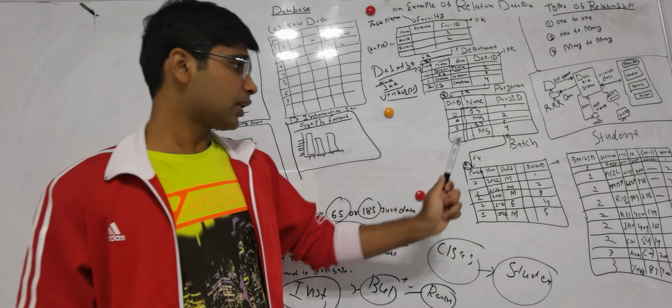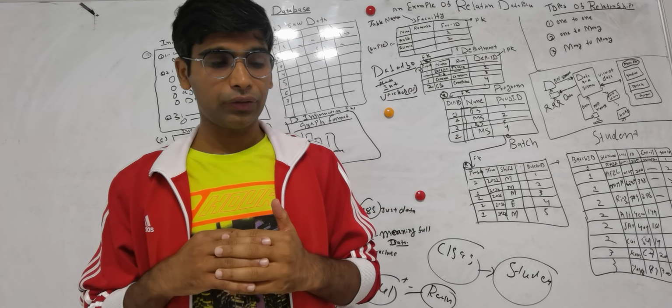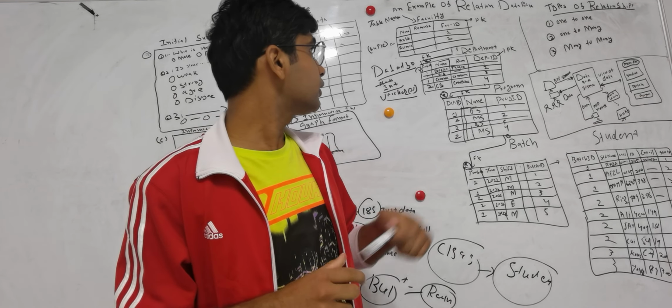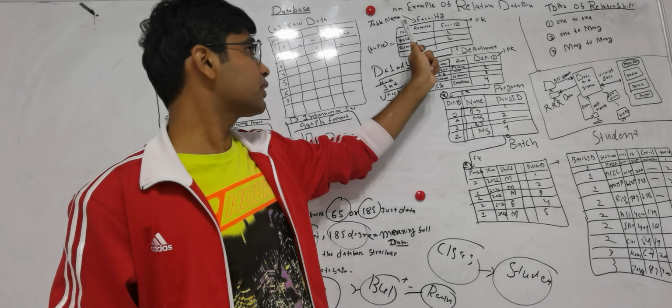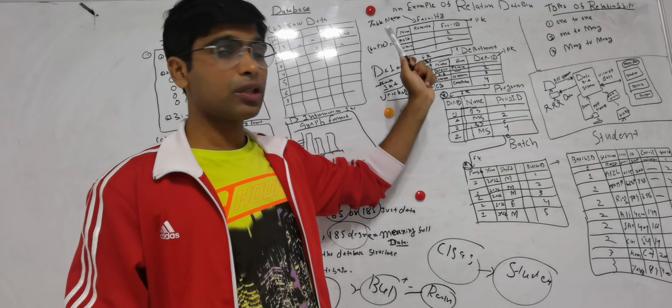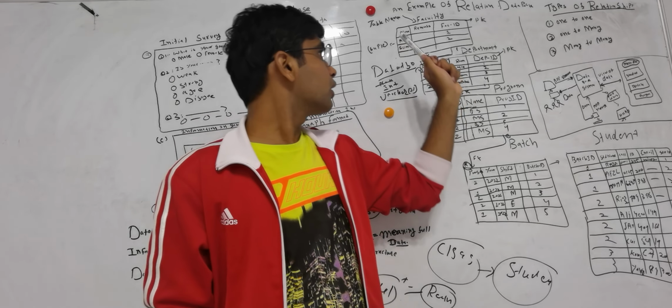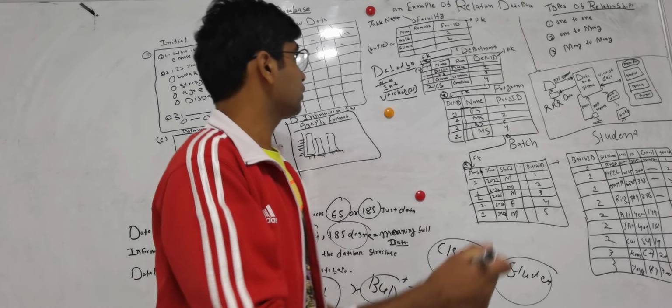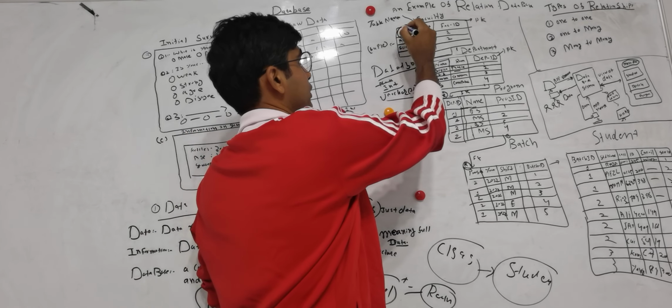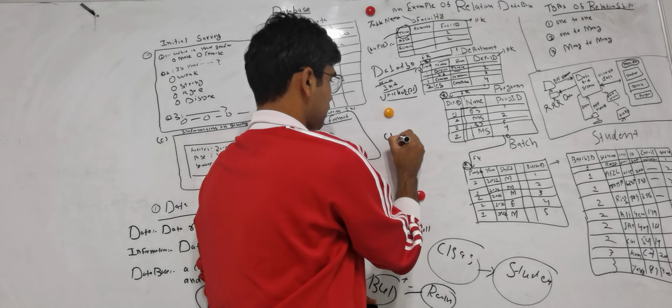A table contains three kinds of things: one is rows, one is the table name, and the other is columns. A row is called a tuple in the database, and this is the data. These are the column names.